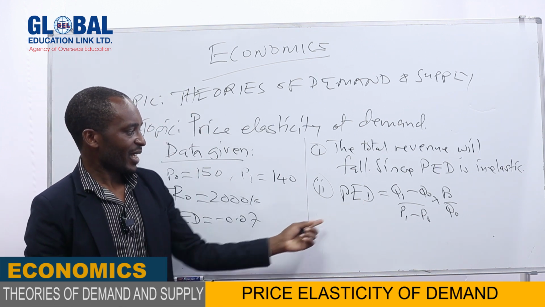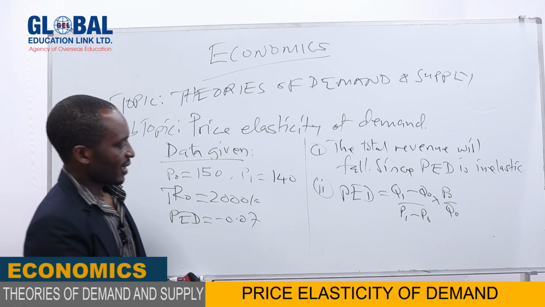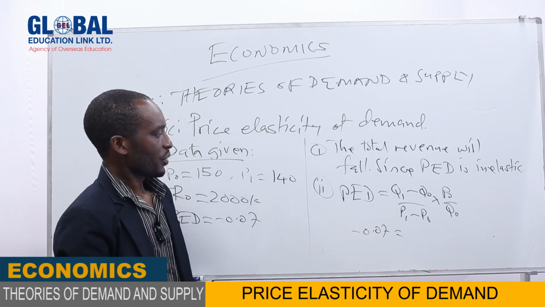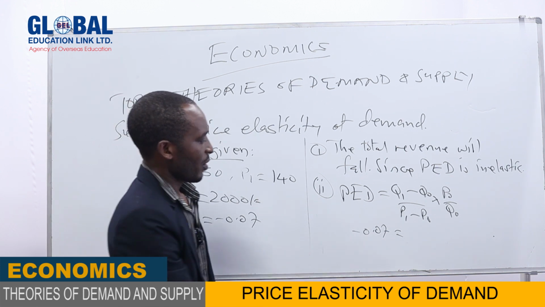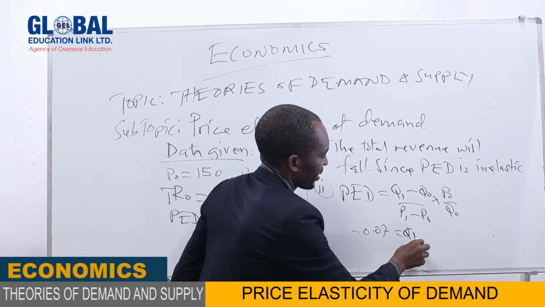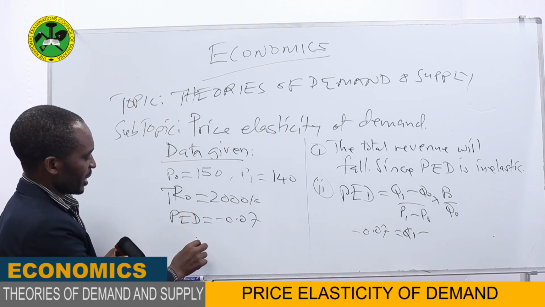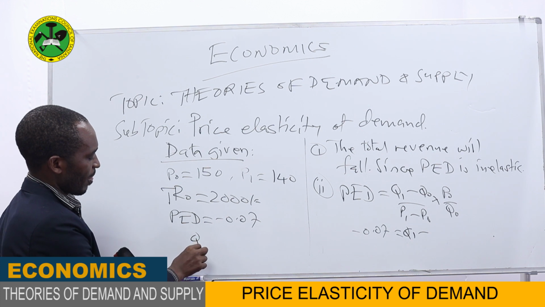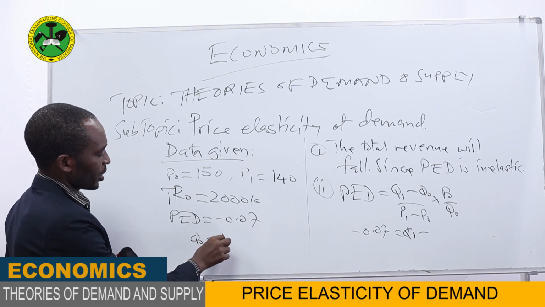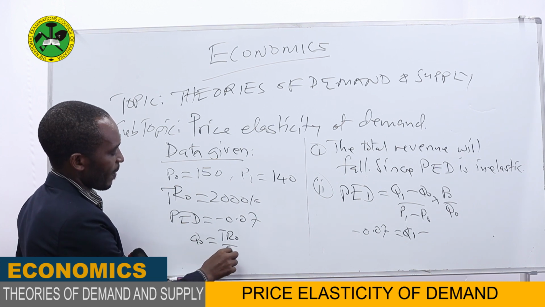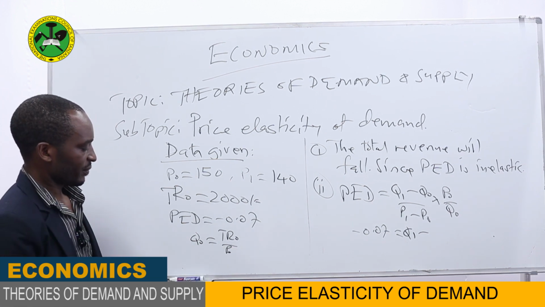Okay? But the price elasticity of demand we are given is negative 0.07 equals Q1 minus Q0 and so on. We are not given Q0, but since you are given total revenue, it means Q0 will be equal to total revenue divided by price.